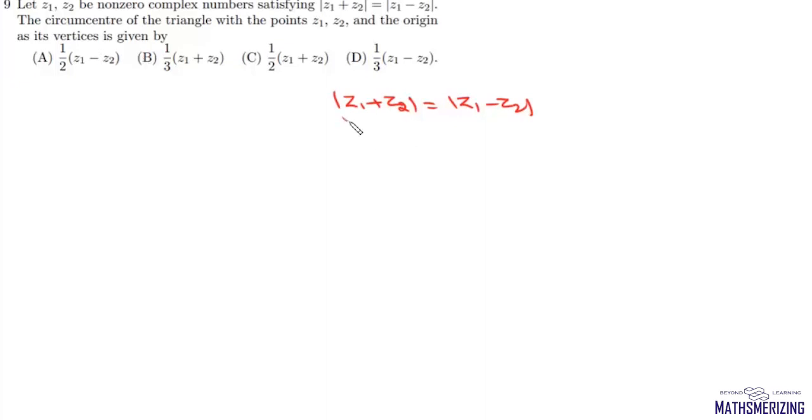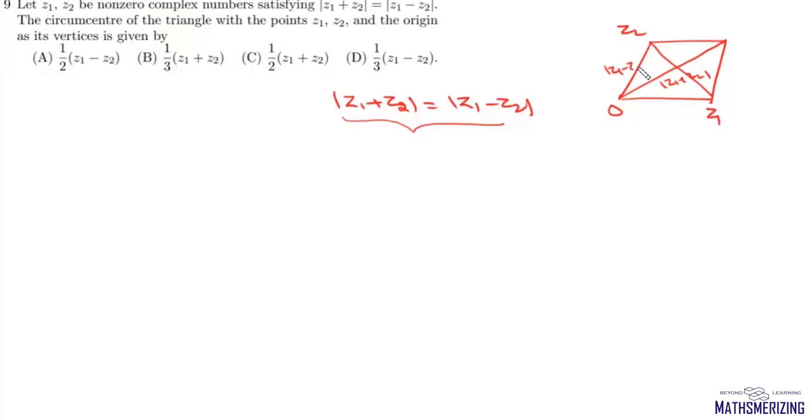Now if we look at this expression, mod of Z1 plus Z2 equals mod of Z1 minus Z2, then we clearly know that if Z1 and Z2 are vertices of a parallelogram, then the length of one diagonal is mod of Z1 plus Z2 and the length of the other diagonal is mod of Z1 minus Z2. So in this case, we have a parallelogram in which the diagonals are equal in length, and the diagonals are equal in a parallelogram if and only if that parallelogram is a rectangle.